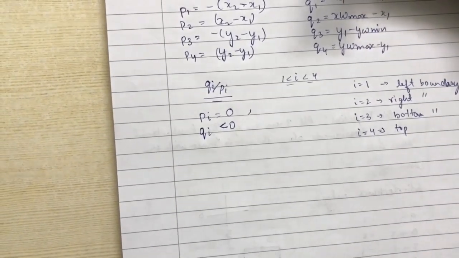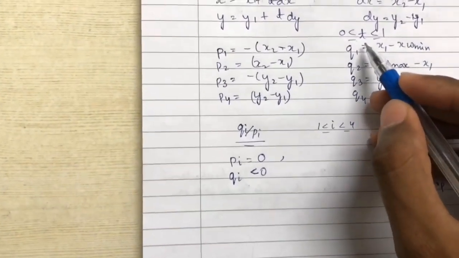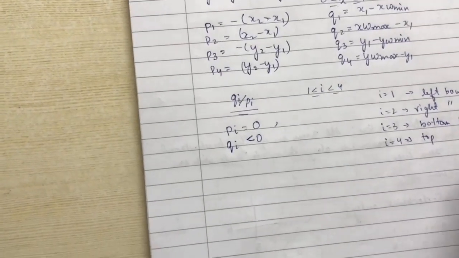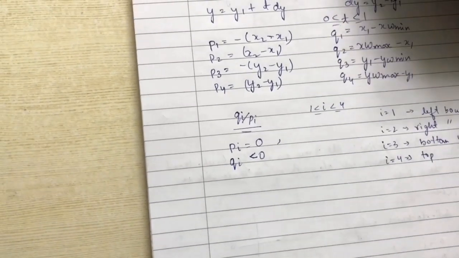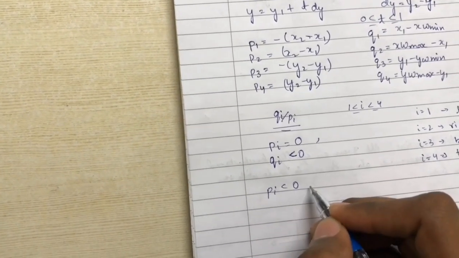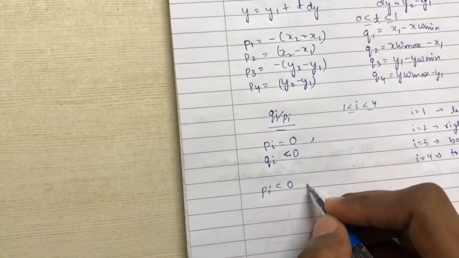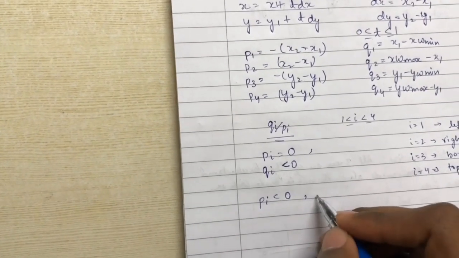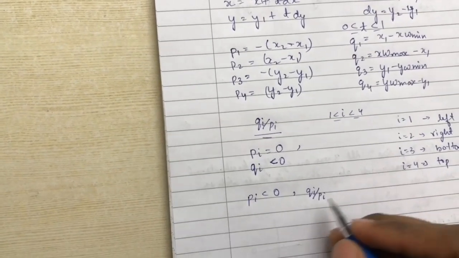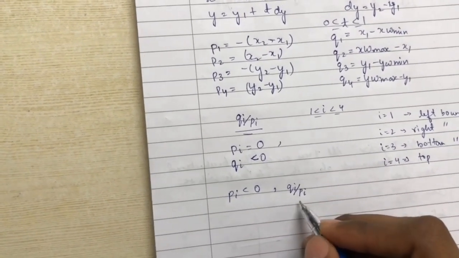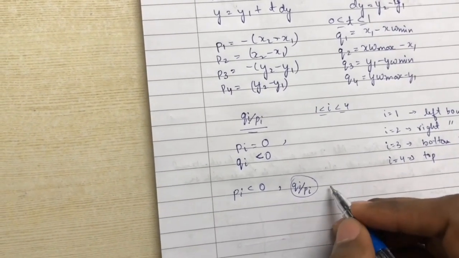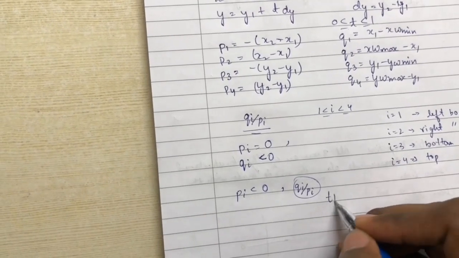So how we do that is we have taken the value of t, which lies between 0 and 1. So what we do is we calculate the qi and pi for that value, and if pi is less than 0, we find the value of qi by pi, and whichever is the maximum of these values, we initialize that value with t1.